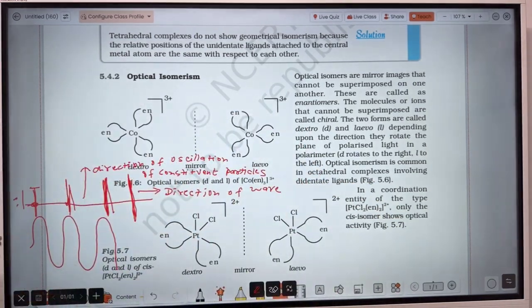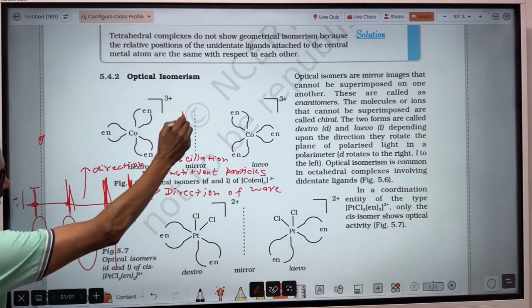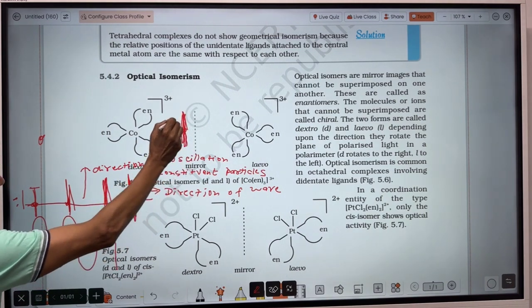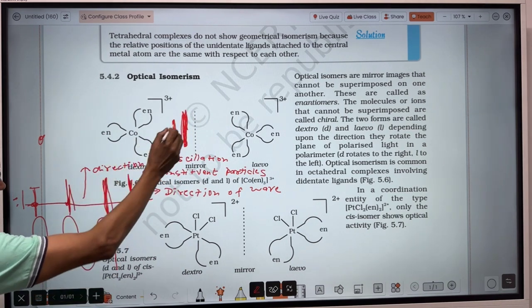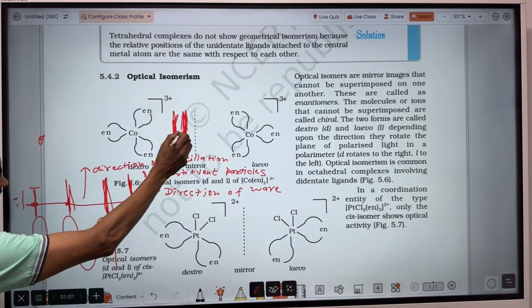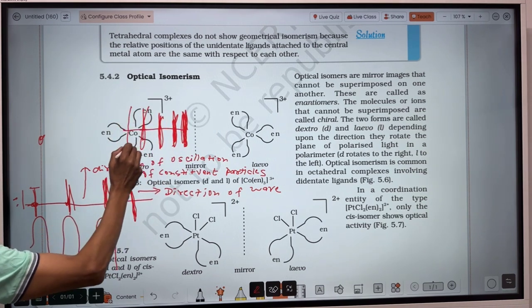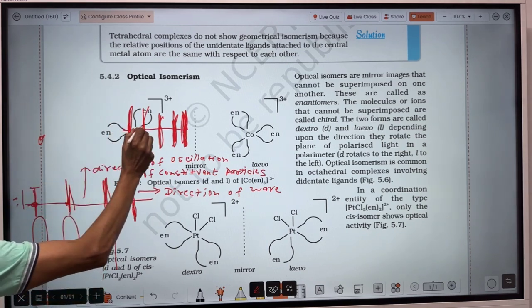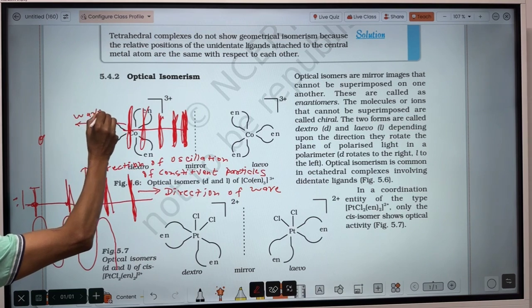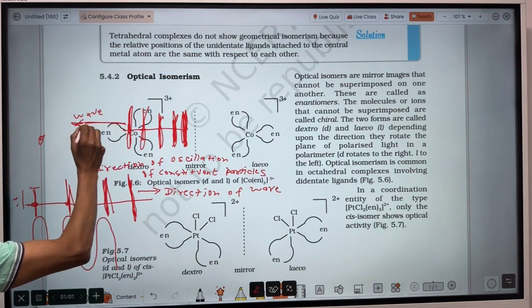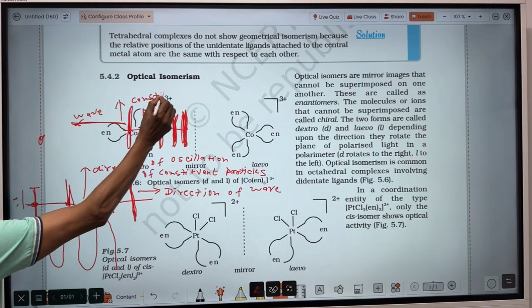Suppose here you are at the bank, and the river is here, so the constituent particles vibrate above and below. Then again it starts from this portion, the constituent particles oscillate, then this particle, then this particle. So what happened? The wave will move in this direction, and in this direction the constituent particles will vibrate.